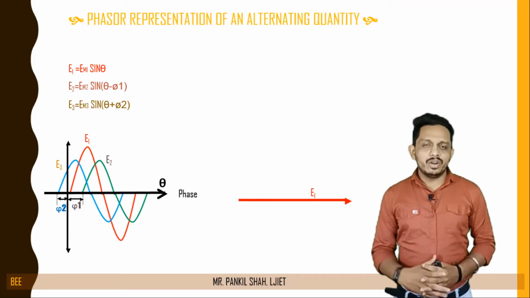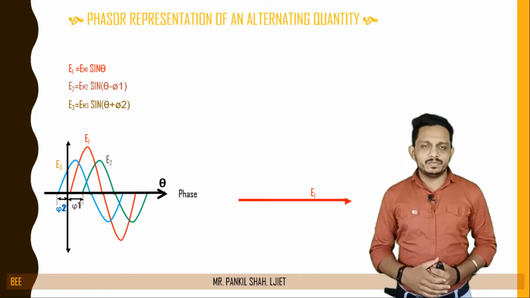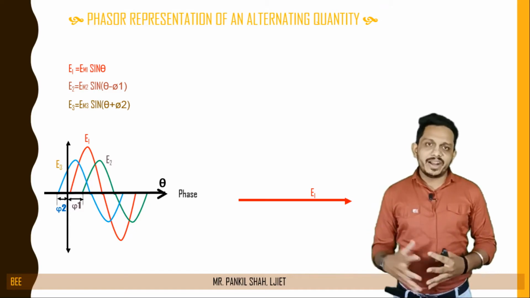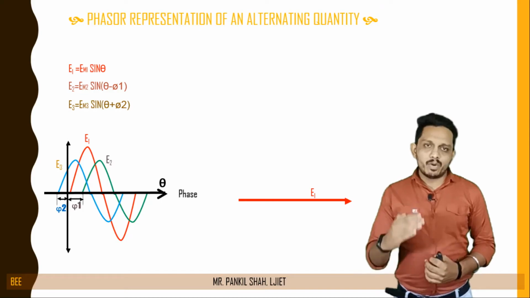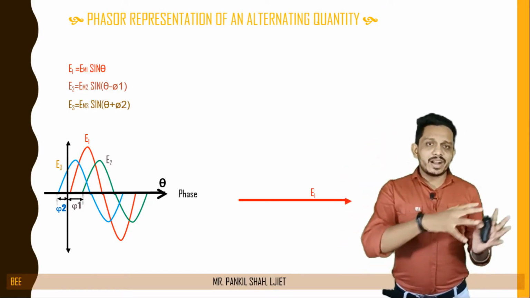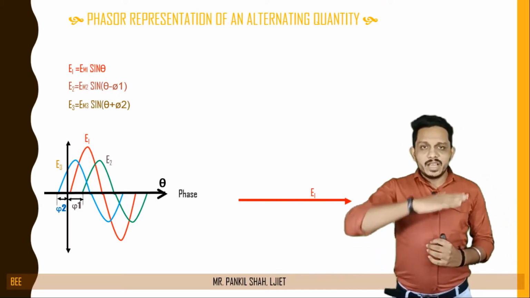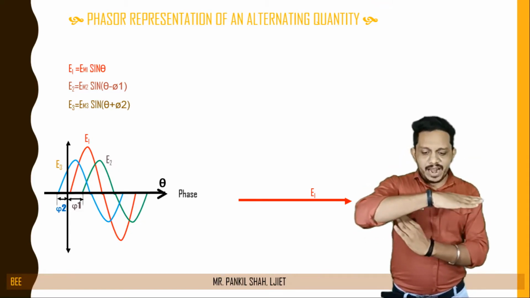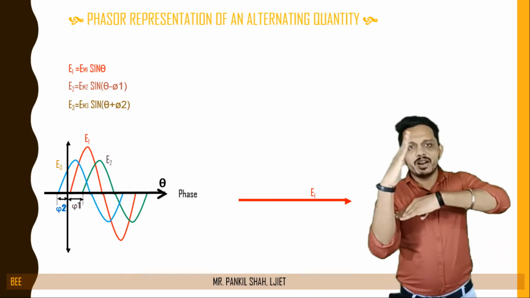Now how can we draw the second vector E2? E2 has the magnitude EM2 and it has a negative angle. In a vector diagram, a negative angle is always drawn below our reference and a positive angle is always drawn above our reference. Why? Because every vector diagram is rotated in anti-clockwise manner. In anti-clockwise rotation, if our reference axis is rotated first and our lagging vector is rotated after, then we can say that this is lagging behind our reference.